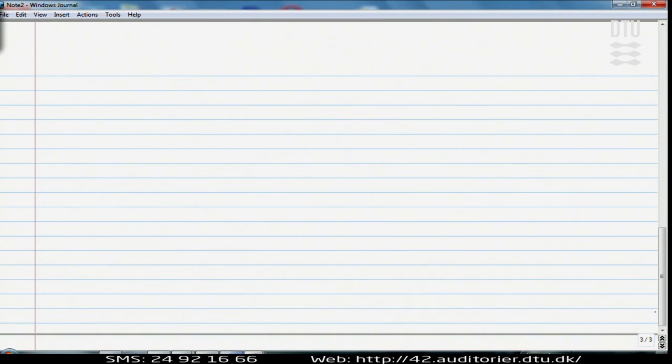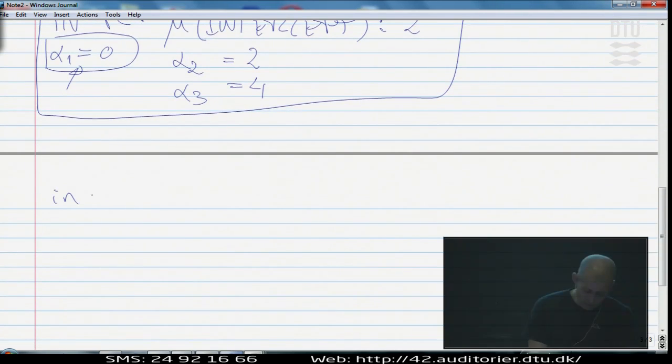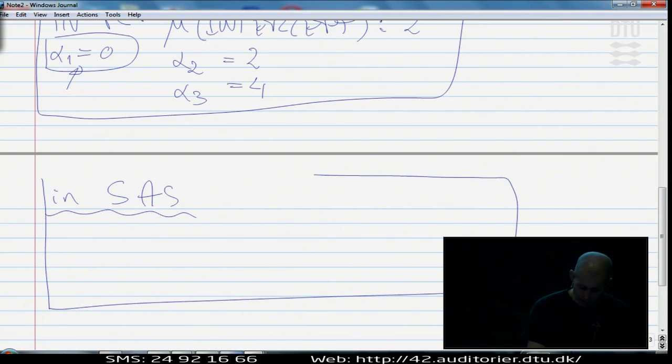Now just to make a little point, not that it's important for our course, but another big software used for statistical analysis, so-called SAS, Statistical Analysis System, would actually do the opposite. In SAS, they would instead, by default, put alpha 3 at 0. That's just the way it works in SAS.